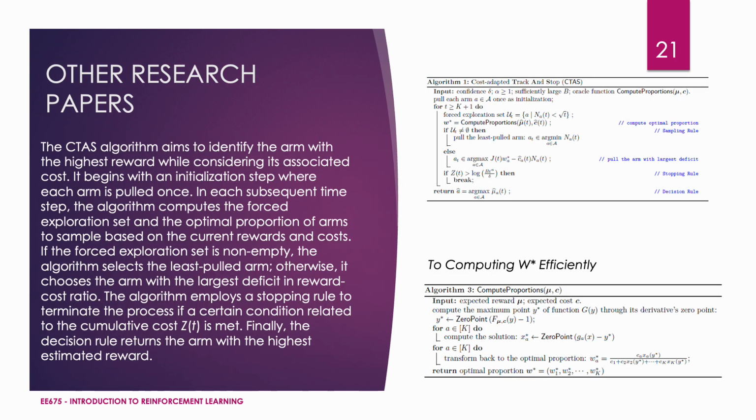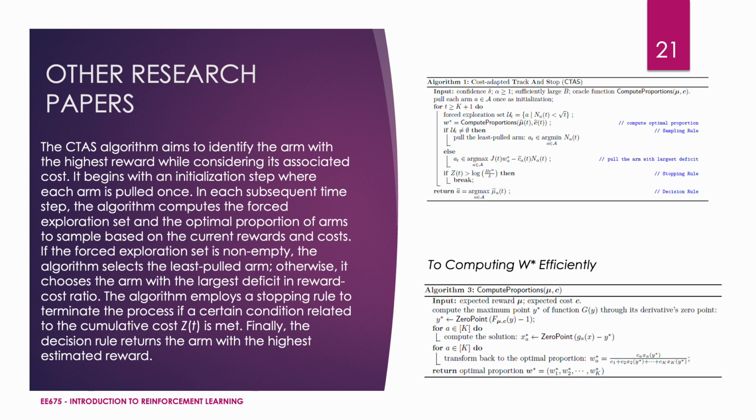Now let us define the CTAS algorithm step by step. In the beginning, each arm is pulled once to gather initial observations of rewards and costs. After that, in each time step, the algorithm computes the forced exploration set and the optimal proportion of arms to sample based on the current rewards and costs.